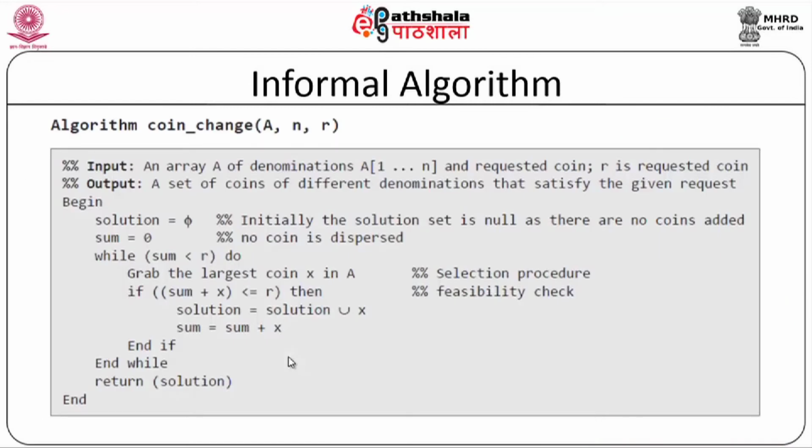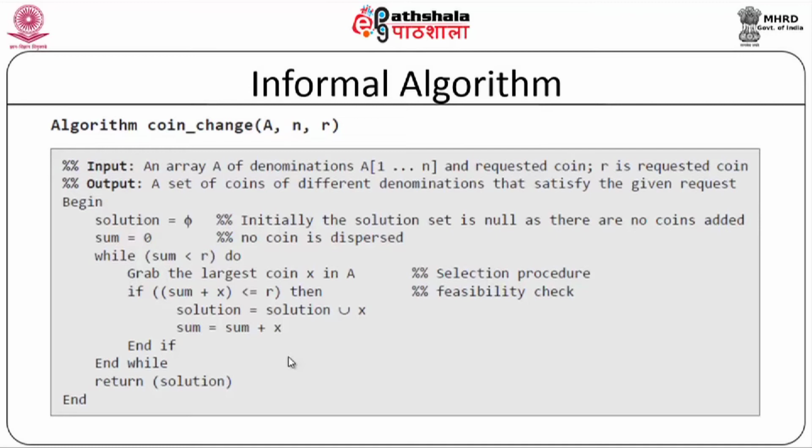So, this is the algorithm. You can see that we are initializing solution equal to 0 and sum equal to 0, because no coin is dispersed. When sum is less than r, where r is the requested amount, I am grabbing the largest coin.